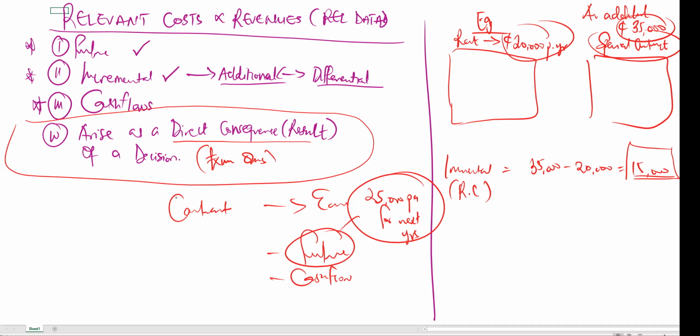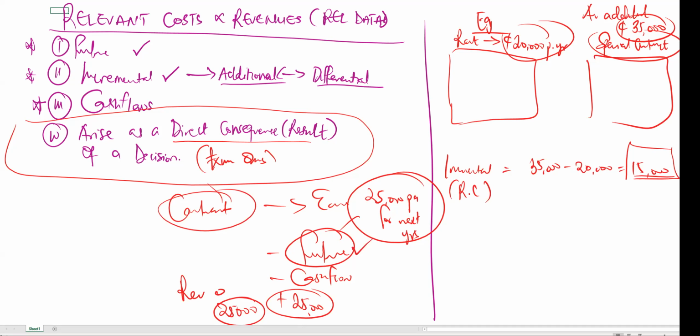As of now, my revenue position is 0, but in the next year, I'll be earning 25,000. Is this not incremental? Because of this contract, I'm earning this revenue. So it is a future, incremental cash flow arising because of this contract, making this revenue relevant for that decision.